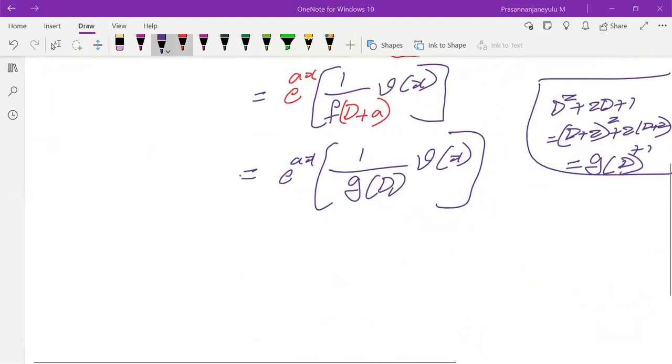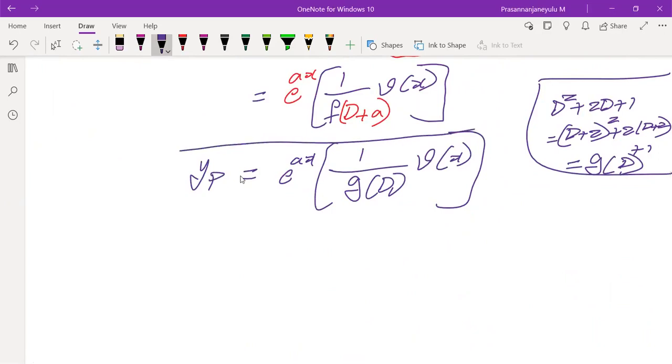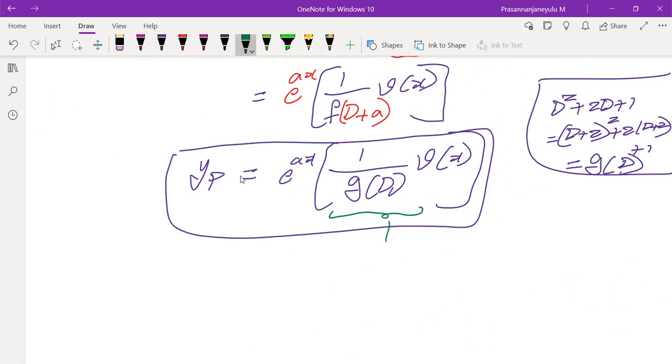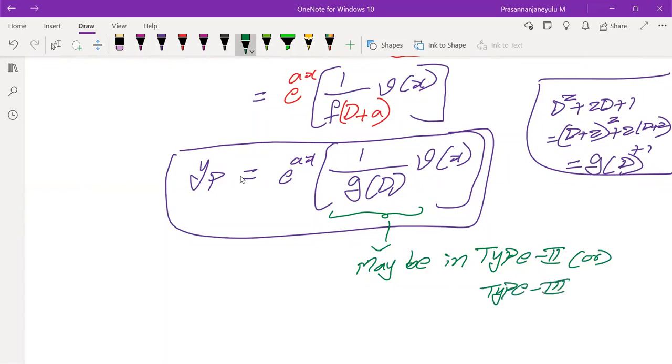So yp, just for our understanding purpose, I am putting brackets like this, maybe in type 2 or type 3. Okay, this is the case.